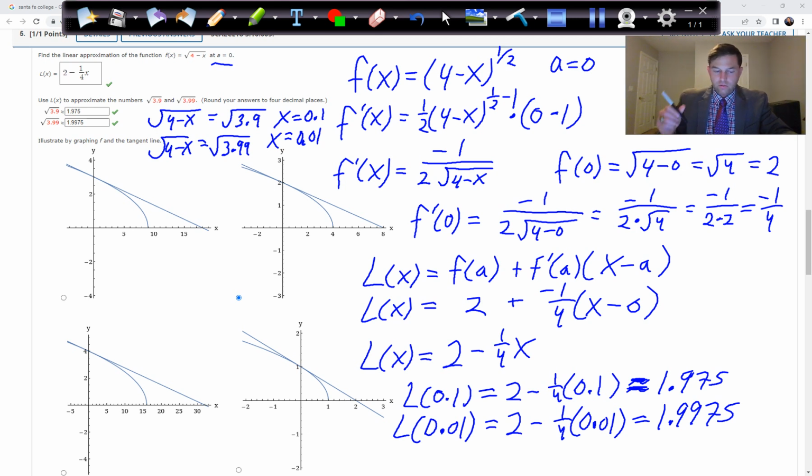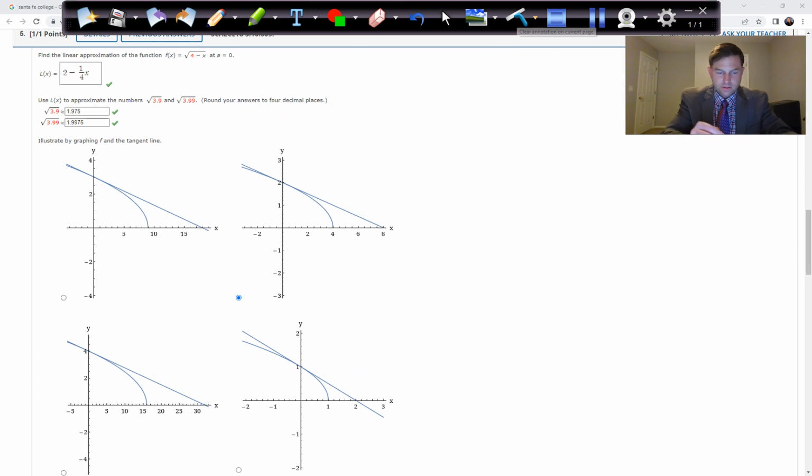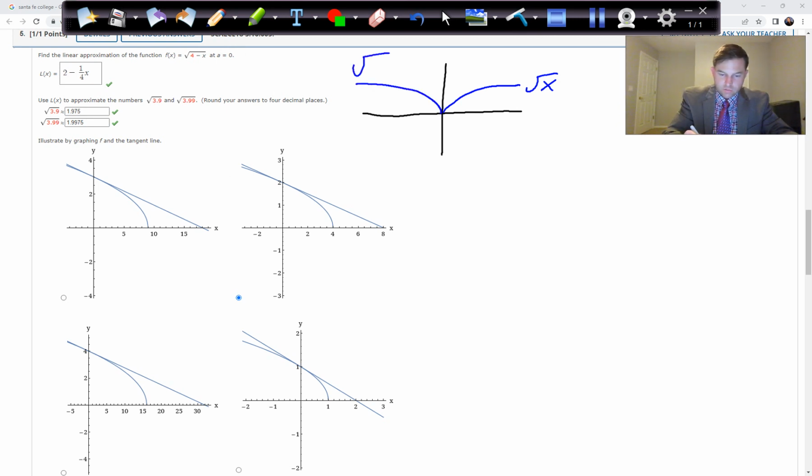Okay, now for the picture. So the square root of x, we just saw that one look like this. That's the square root of x, which means the square root of minus x goes like that. And if we have 4 minus x, that's going to shift this curve we just drew.